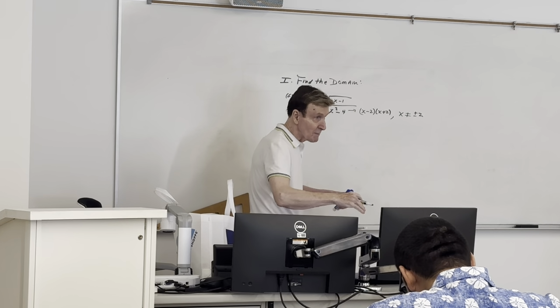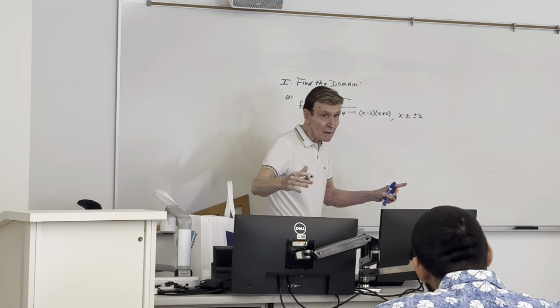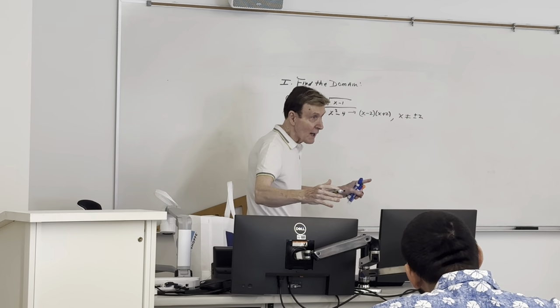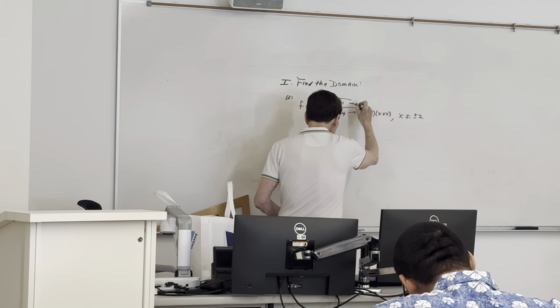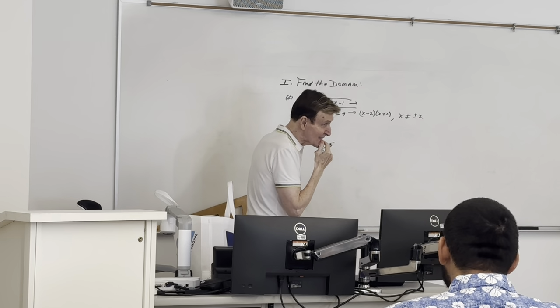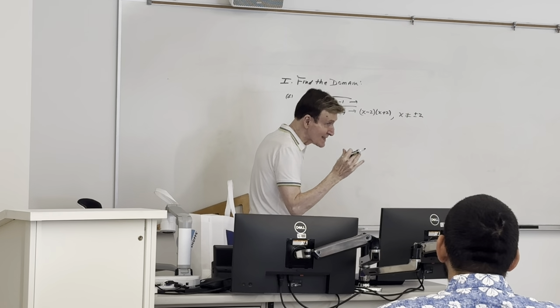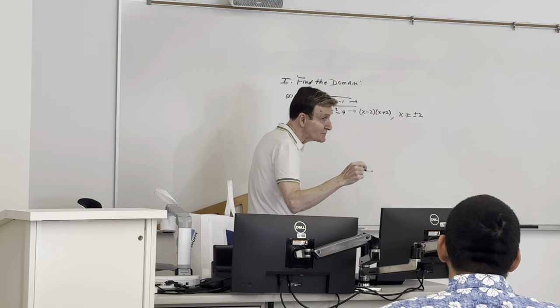Now, does that mean x can be anything else? Or is there another restriction to worry about? Yeah, it's in the square root. What about this up here, if this is to be defined for that square root? What must be true for that square root to exist? Go for it. Greater than or equal to 0.